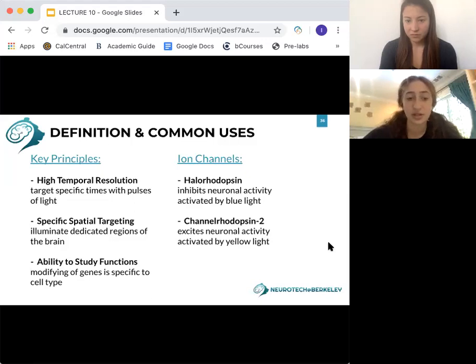And the two ion channels: we currently use yellow and blue light to activate these two ion channels, halorhodopsin and channelrhodopsin-2, respectively. Halorhodopsin inhibits neuronal activity, and channelrhodopsin-2 excites neuronal activity. Studies are also looking into red-light-activated ion channels, as red light penetrates deeper so we can study deeper brain structures.